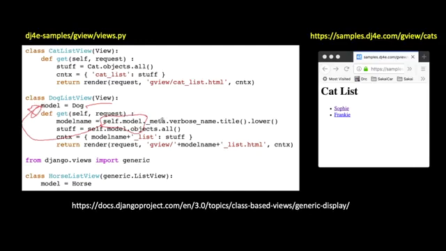And this little meta verbose_name.title().lower(), you can figure that out by yourself by going to Stack Overflow eventually. That's how I figured it out. I wanted to get a lowercase version of the model name. So the model's name is a string DOG, which is not the same as the dog model. Okay? So model name is going to be lowercase dog. But if model is cat, then model name will be lowercase cat in this bit.